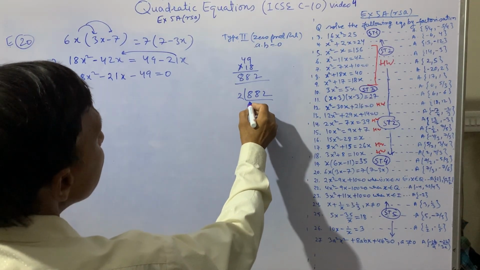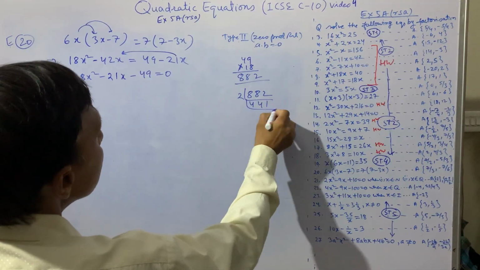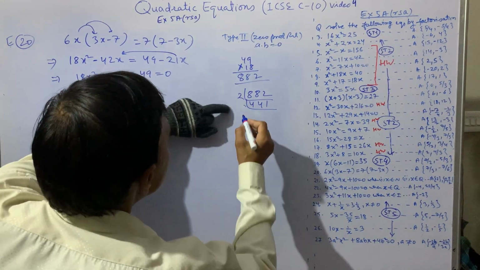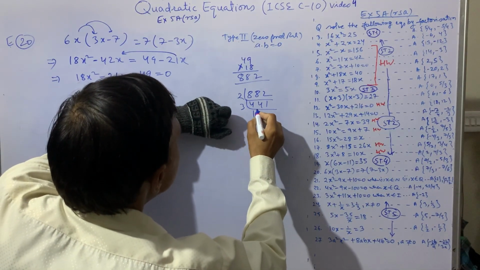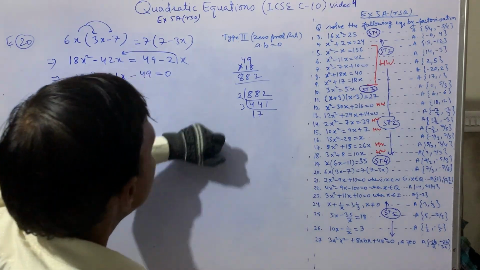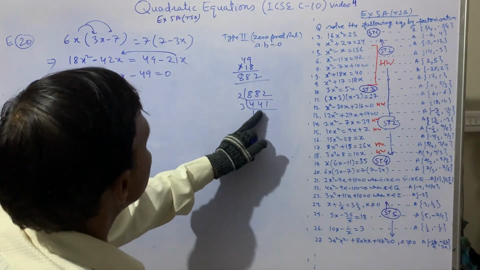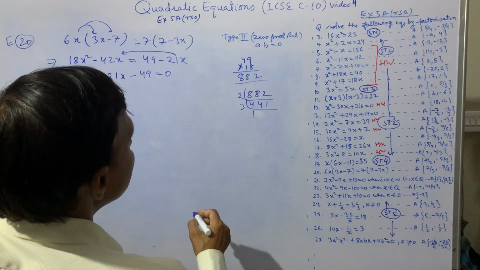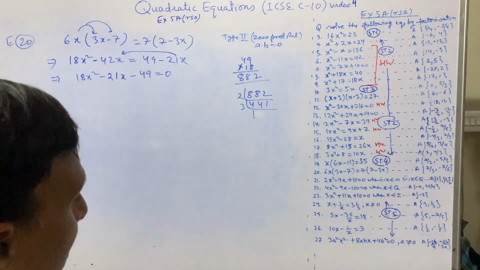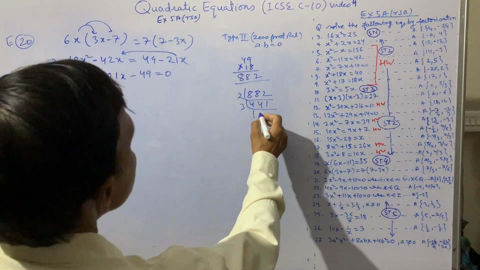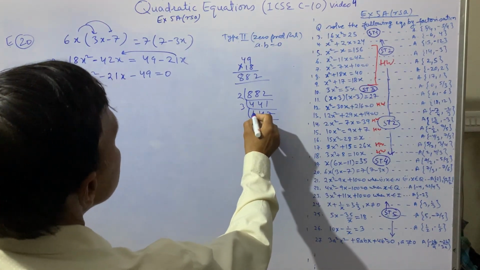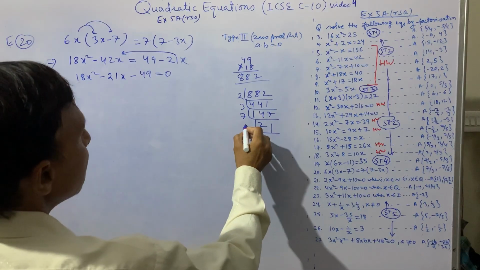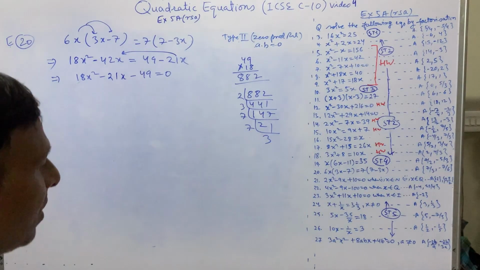On taking out the prime factors, 2 4 is 2 1 2, 2 2 is 4, 3 3 1 is 3, 7 is 14, isn't it? 3 7 is 21, 3 8 is 24. Now 3 4 is 12, 3 7 is 21, then 7 2 is 14, 7 1 is 7, 3 is 21. These are the factors.